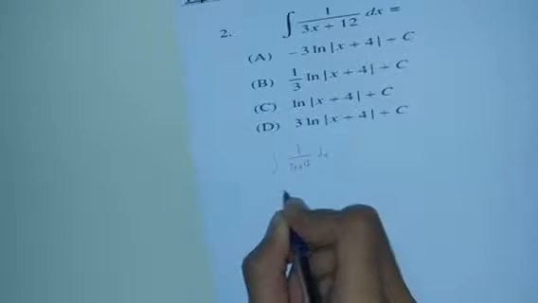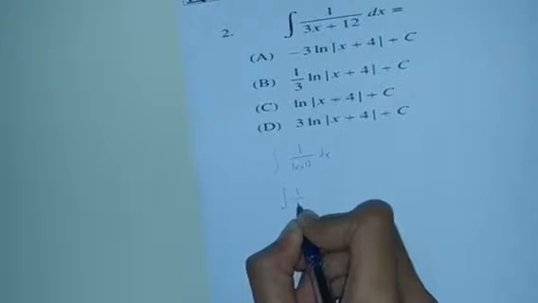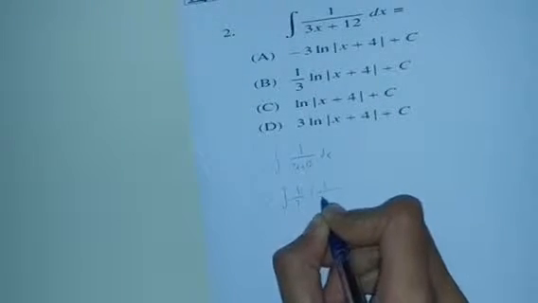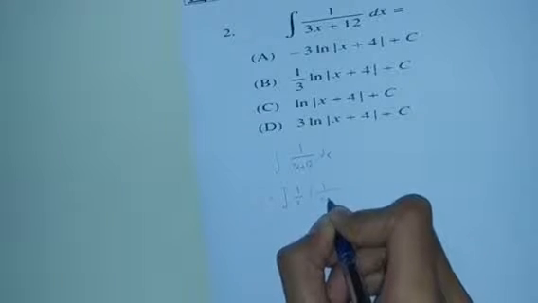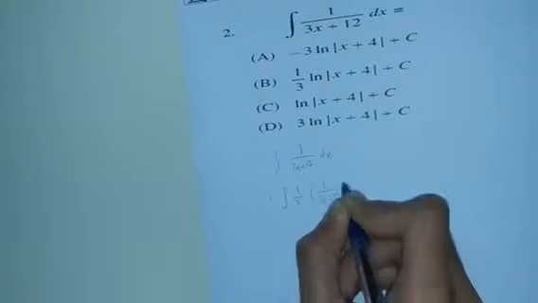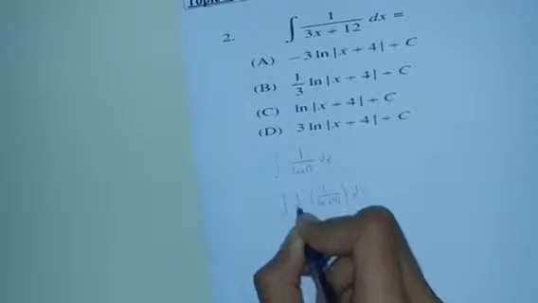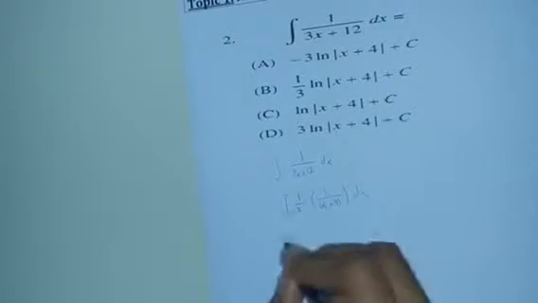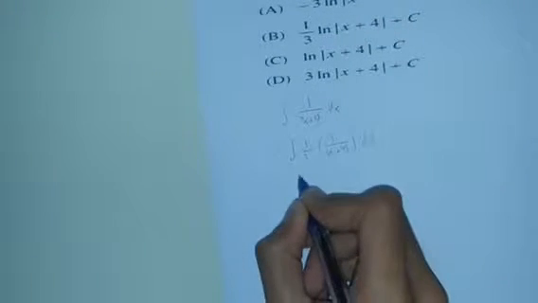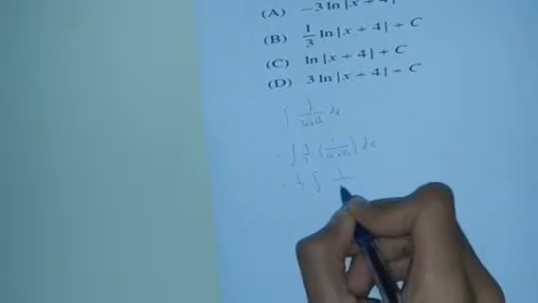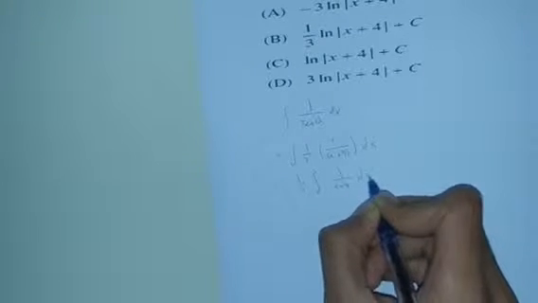First we will simplify it, so it will be 1 over 3 times 1 over x plus 4 dx. Since this is a constant, we can take it out. So it will be 1 over 3 integral of 1 over x plus 4 dx.